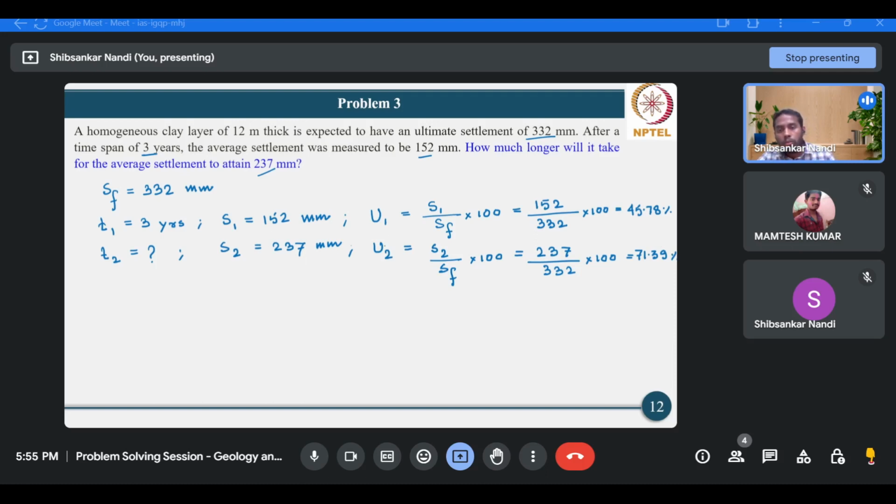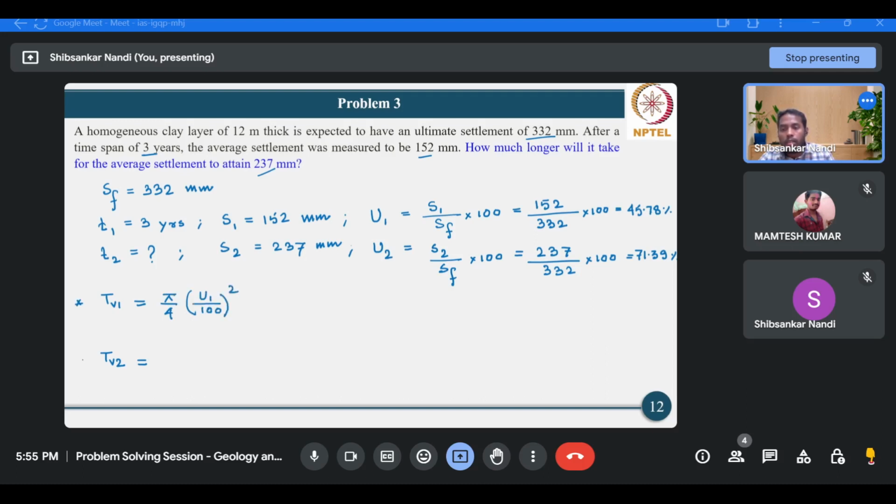Once we know the degree of consolidation, we can calculate the time factor corresponding to these cases, TV1 and TV2. Which equation to use will depend on the degree of consolidation. For the first case, since the degree of consolidation is less than 60%, we'll use this equation, pi by 4 multiplied by U1 by 100 squared.